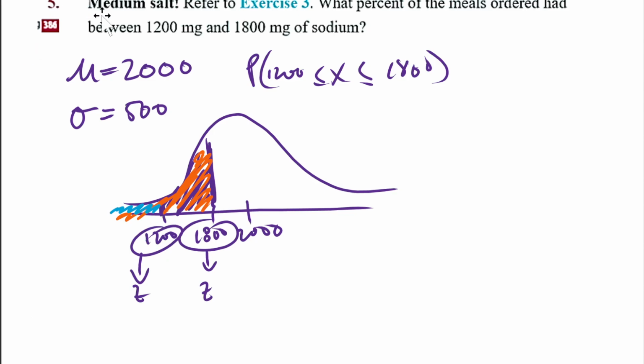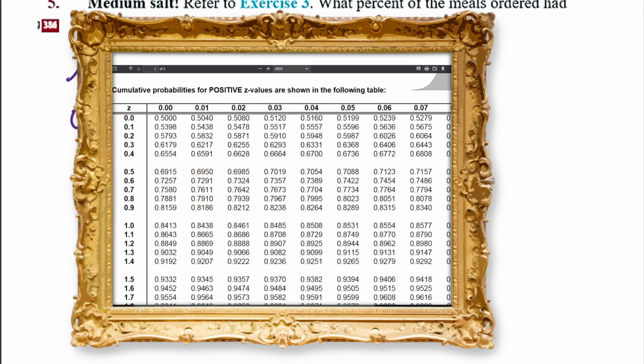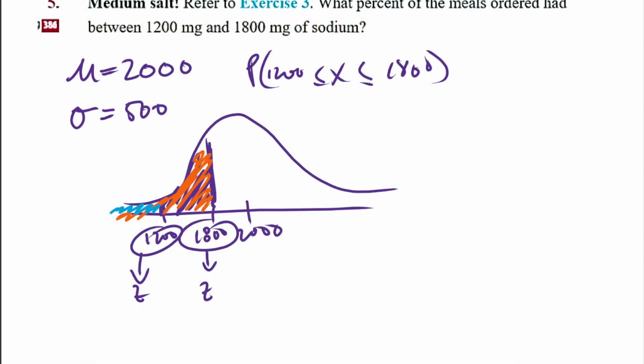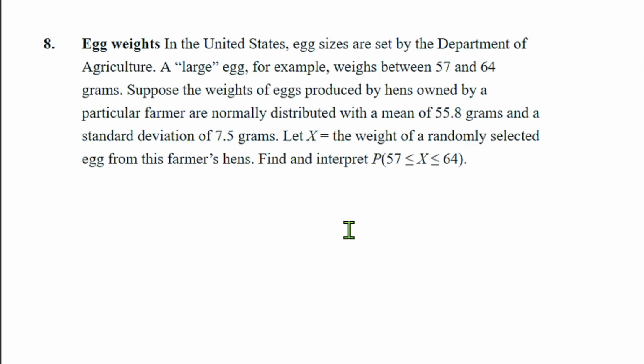And those probabilities are on your normal table. So yep, and once you find those two probabilities, you subtract them, and the subtraction of the probability from this one and the probability of this one will give you the area, right, of this purple, which is what you want, which is the probability. This problem is exactly the same.